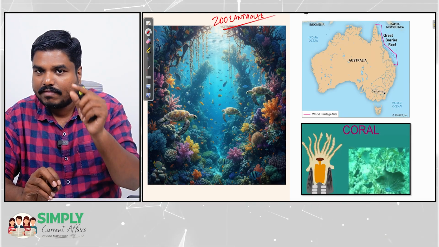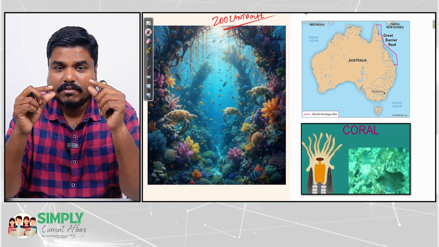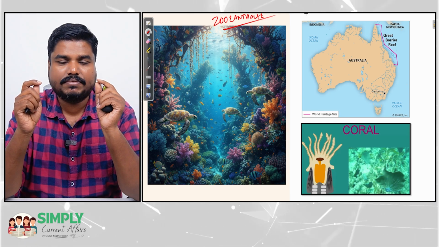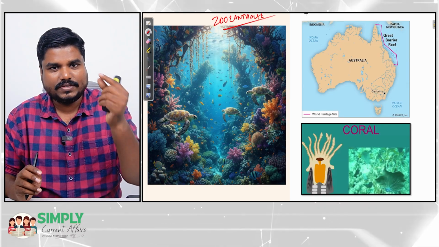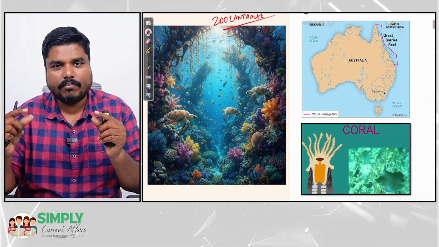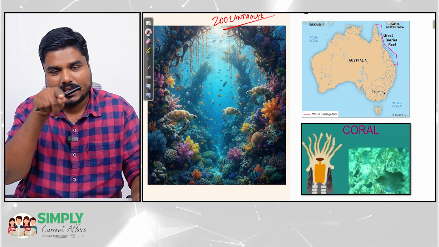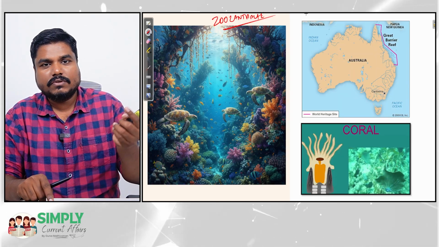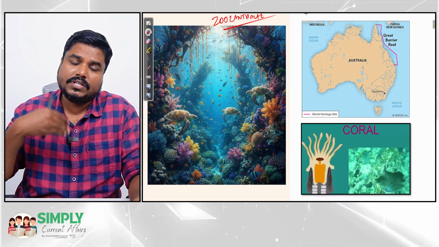These zooxanthellae algae and the coral polyp live in a symbiotic relationship. That means both are two different species. One is zooxanthellae algae, another one is coral polyp. Inside the tissues of the polyp only, this zooxanthellae algae will be present. The zooxanthellae algae will give 90% of energy to the corals.